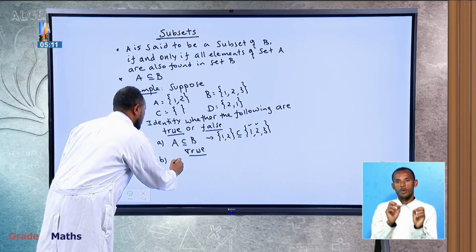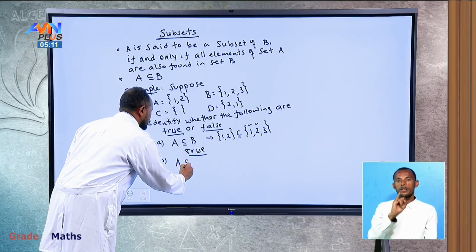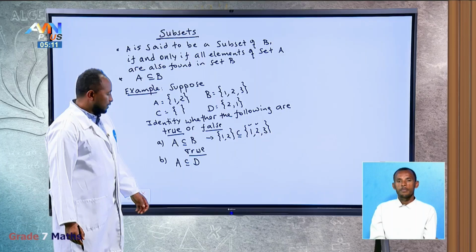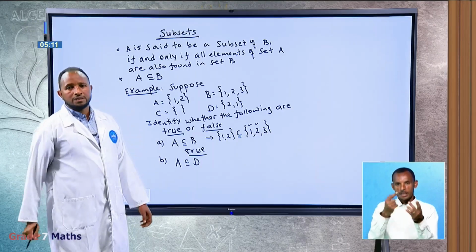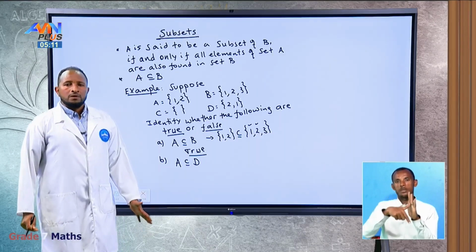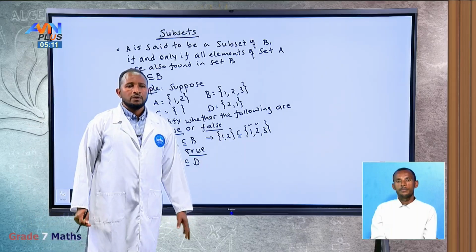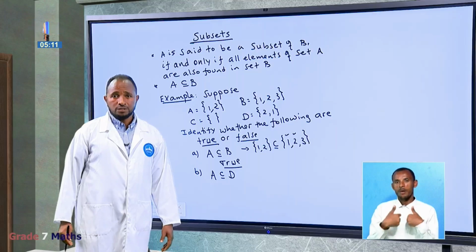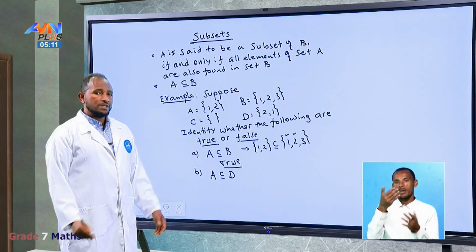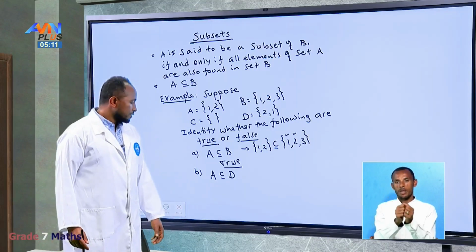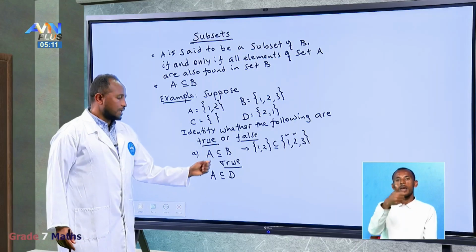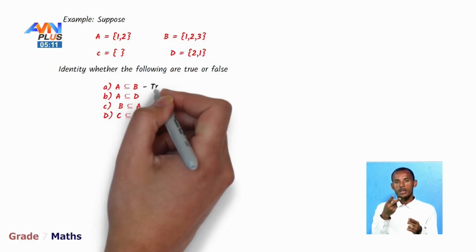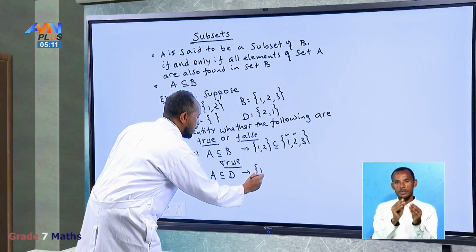A is a subset of D. Please try this question. I'll give you 10 seconds. Okay, students, have you tried the question? Very nice. Now let's see the answer together. Here it says A is a subset of D. Set A contains the elements 1 and 2.